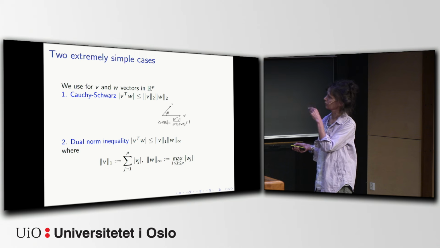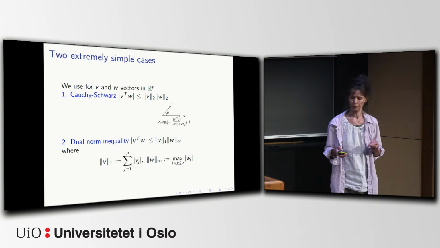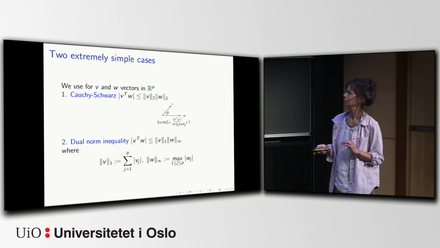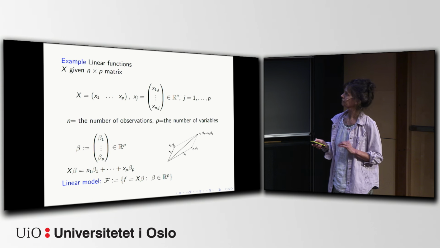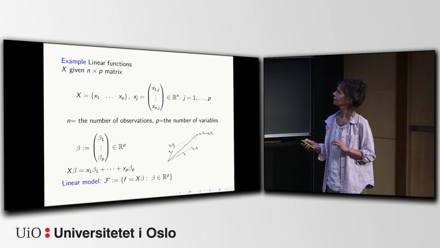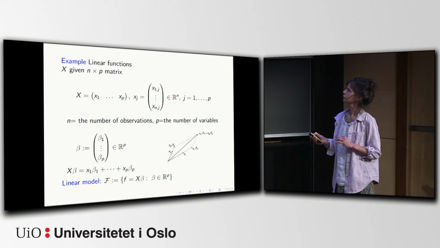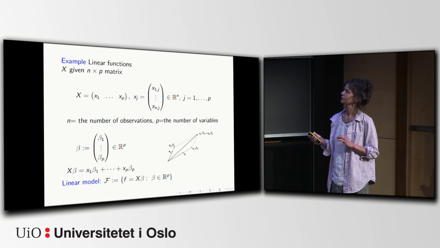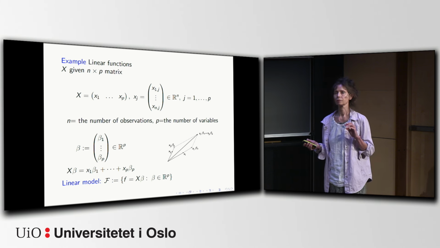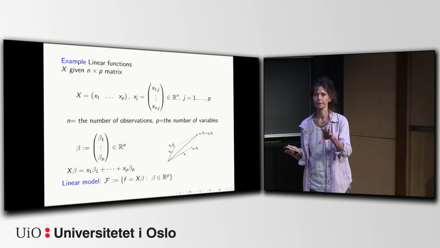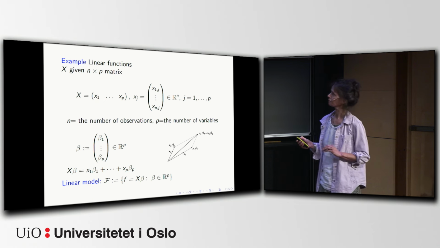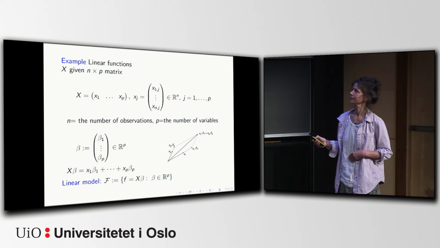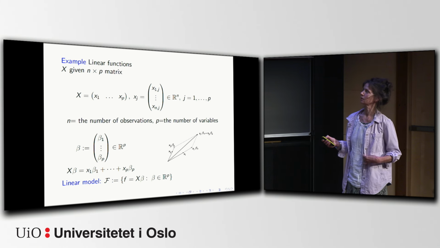Okay, so I'm going to use them now for bounding the empirical process. So let's think of first doing regression, linear regression. Then the input matrix is a matrix with the number of variables p and the number of observations n.